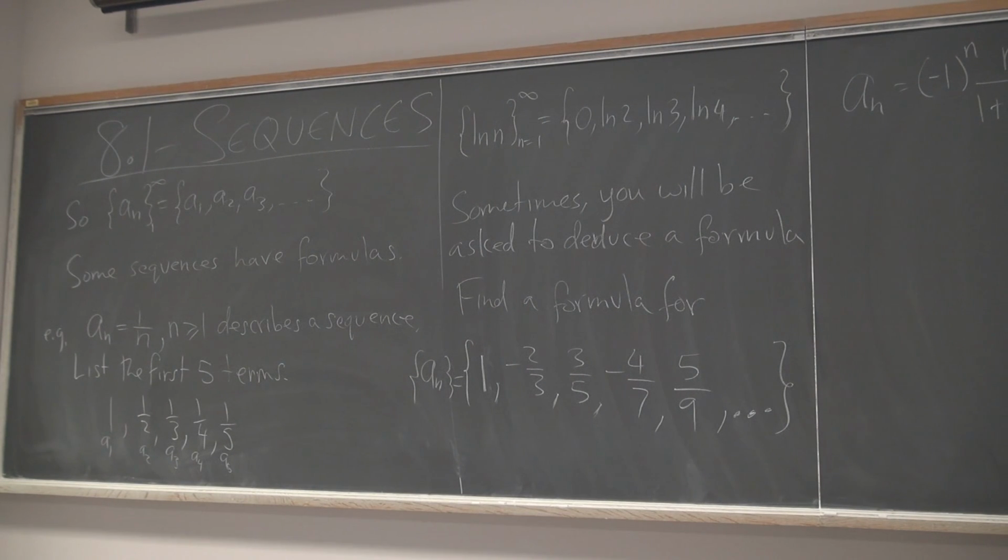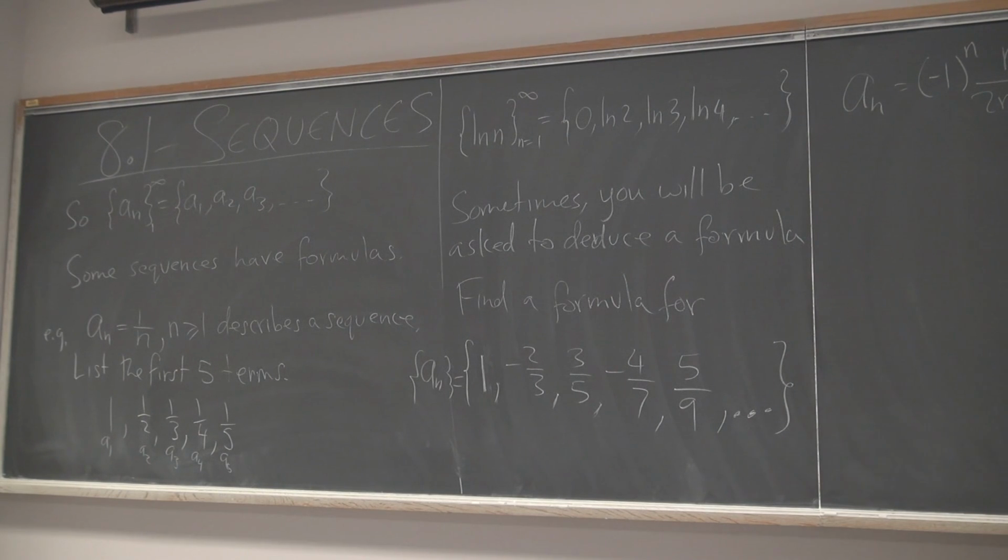So that'd be 2n minus 1, or n plus 1 over 2n minus 1, and then start at 1, for n greater than or equal to 1.